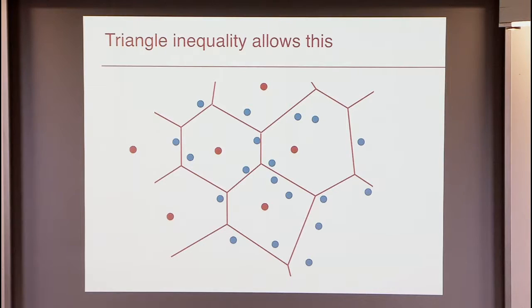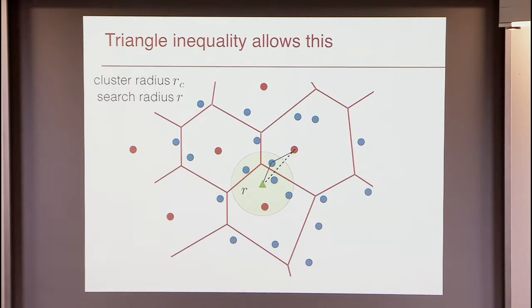Now, why can we get away with this? Well, due to the triangle inequality. So suppose we have clusters with some radius r sub c. And for any similarity search query, for any point within a distance r of that query, since it's in a cluster whose center is at most r sub c away, by the triangle inequality, that cluster center can't be more than r plus r sub c away from our query.